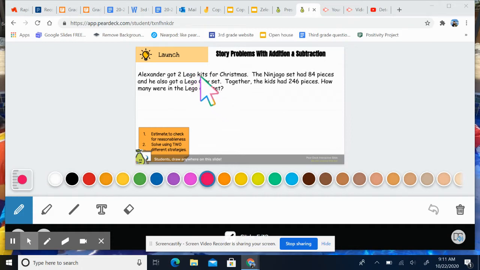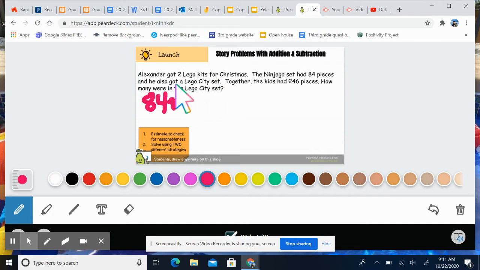There are 2 Lego kits just like the last one. The problem tells us that the Ninjago set has 84 pieces. So I'm going to go ahead and jot down 84. And indicates that I am adding some pieces from the Lego City set.